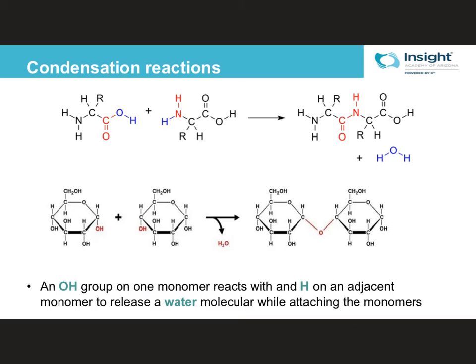An OH group on one monomer reacts with the H on the adjacent monomer to release a water molecule while attaching the monomers. So the two OHs take a water, pop those off, and then everything is connected via that one oxygen left behind.